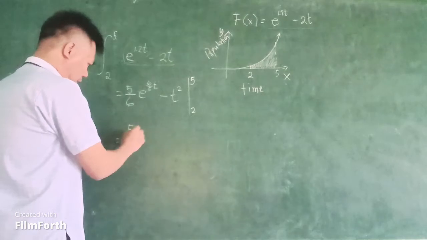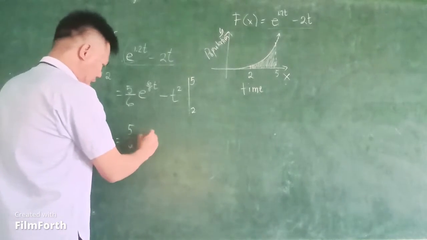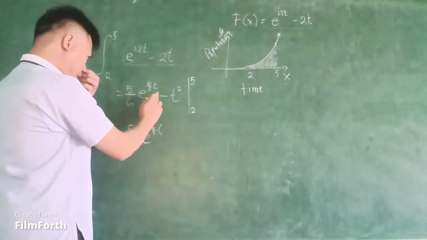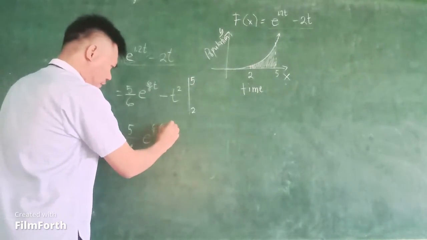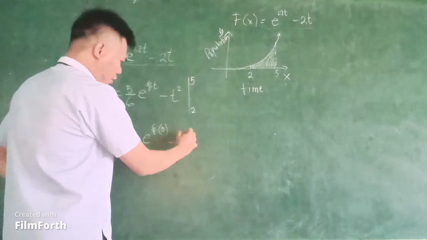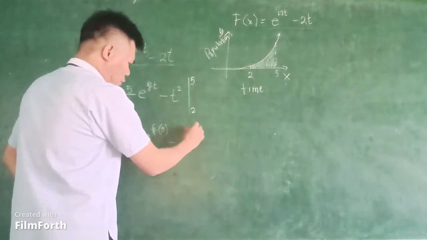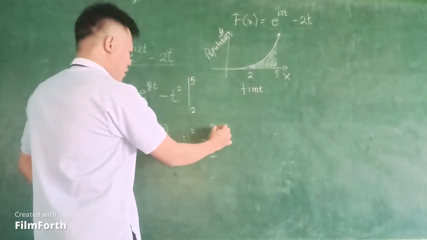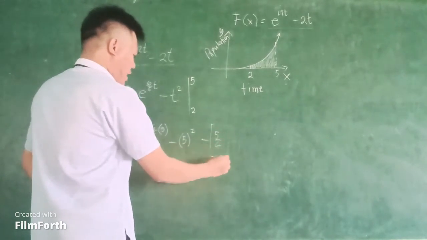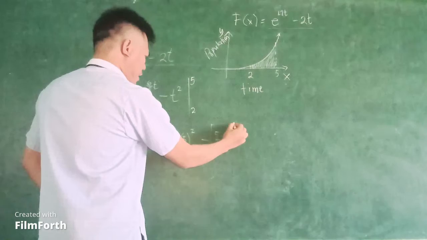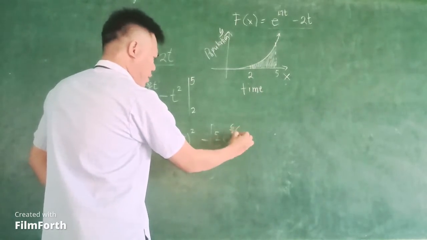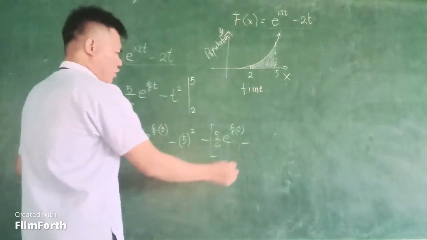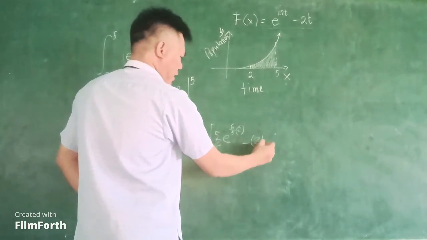So it becomes 5 over 6 e raised to 6 over 5, then our t is the upper limit, 5, minus 5 squared. Then minus, for the lower limit, we have 5 over 6 e raised to 6 over 5, where our t here is 2, the lower limit, then minus 2 squared.